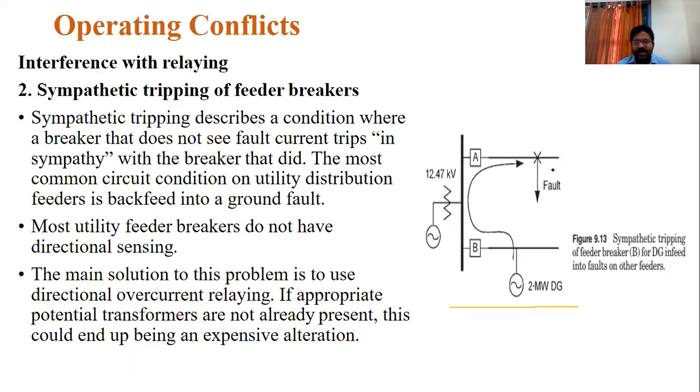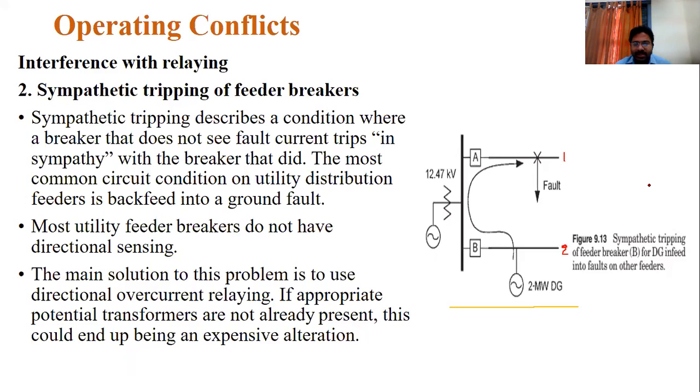Once again, consider the source here. This is the substation, the US system substation, 12.47 kV and other things. This is feeder one. This is feeder two. We have connected a 2 megawatt DG. You know that a DG's range is below 10 megawatt only.